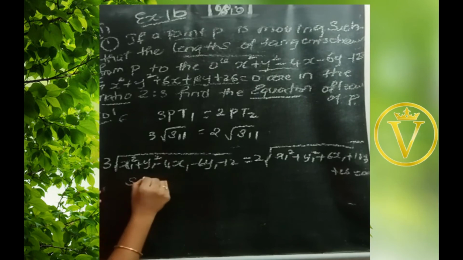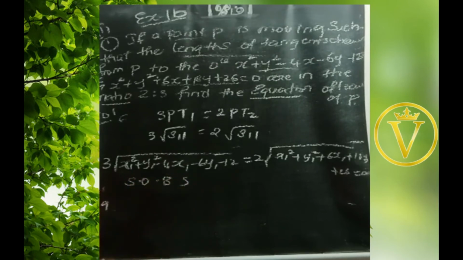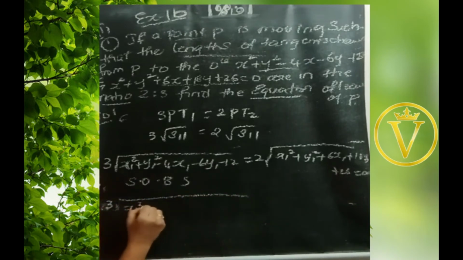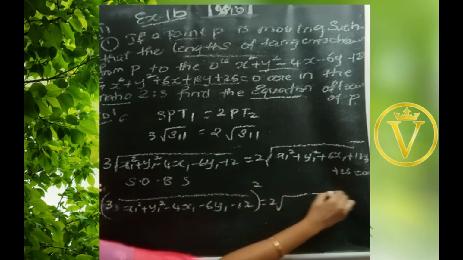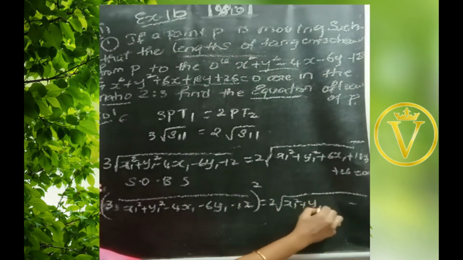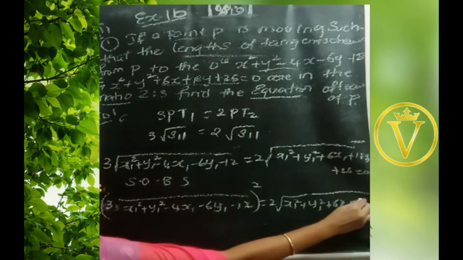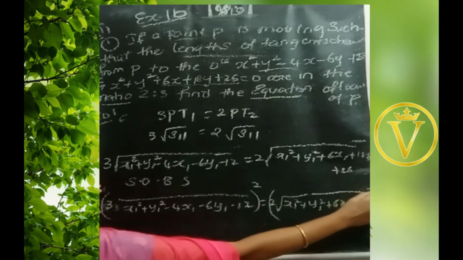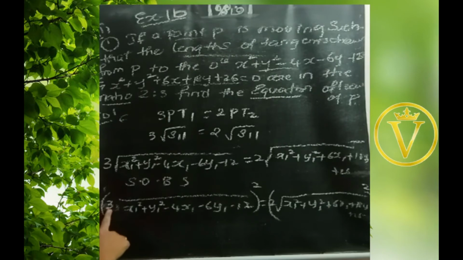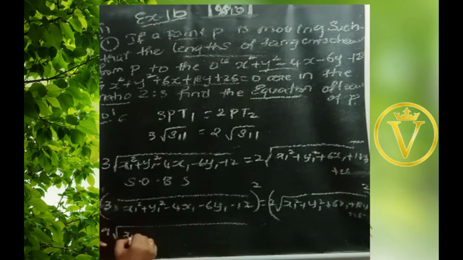So 3 root of (x1² + y1² − 4x1 − 6y1 − 12) whole square equals 2 root of (x1² + y1² + 6x1 + 18y1 + 26) whole square.